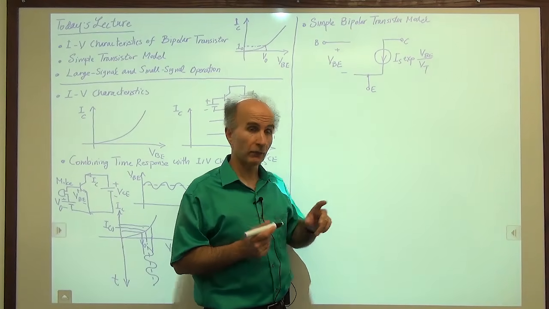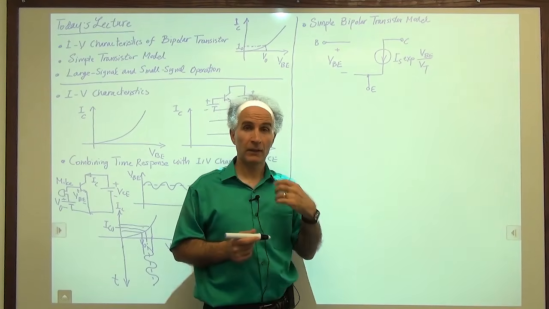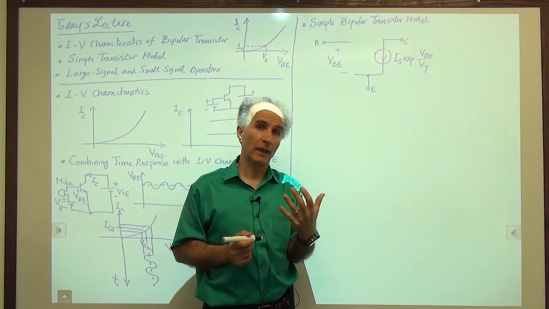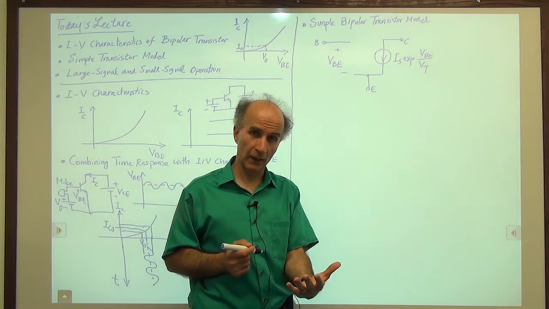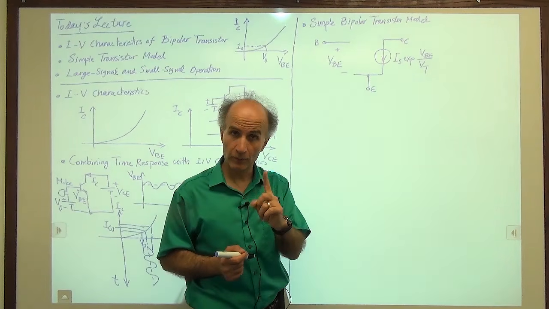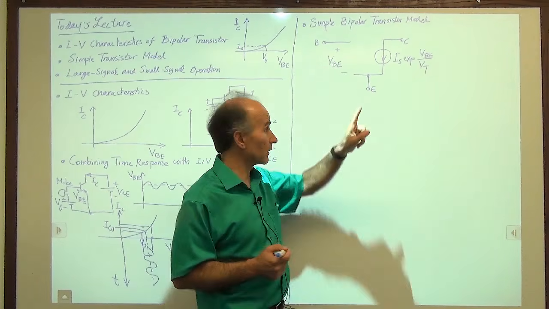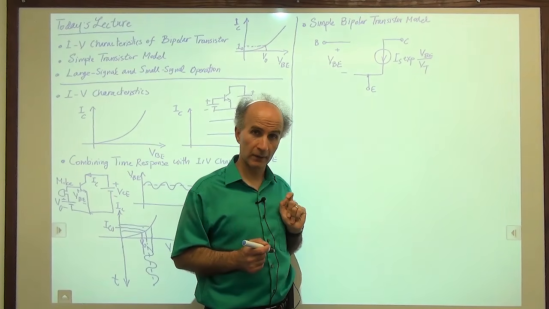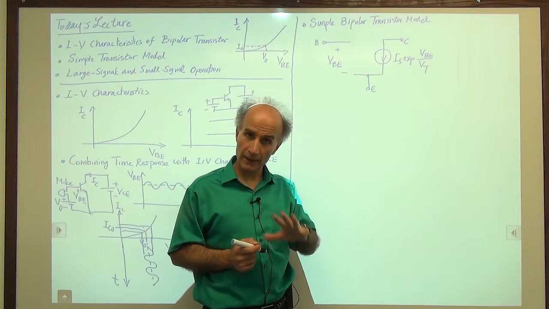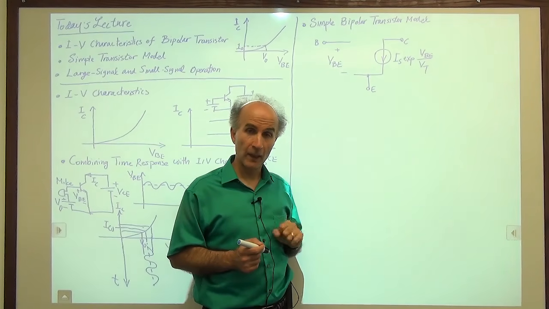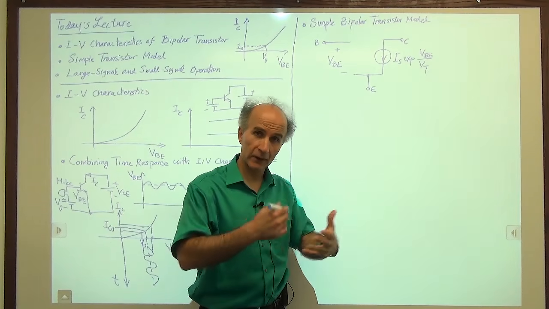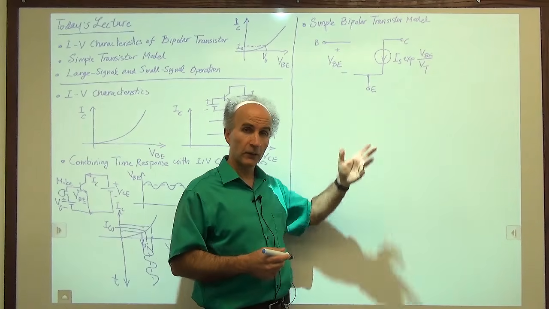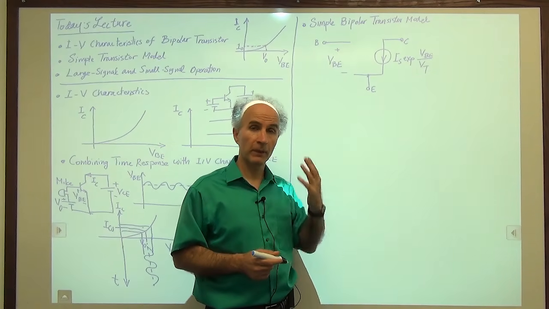All right? But the reason I drew it like this is that the first time you see a circuit with a bipolar transistor in it, your first reaction should be to think of the bipolar transistor according to this model. This is the simplest model. It has approximations. Now, after you understand what the circuit does using this model, you can make the model more complete in your mind.